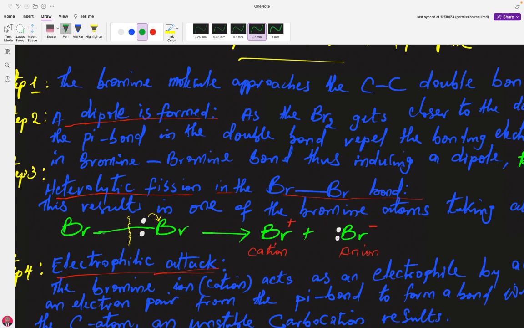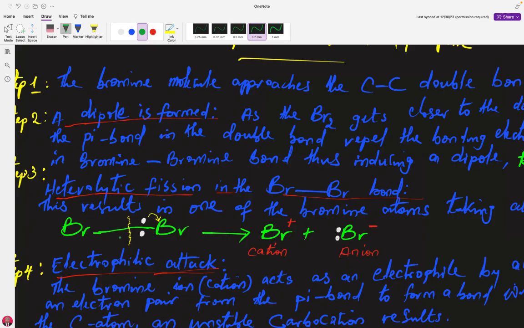Electrons are negatively charged, and the bond between the two bromine atoms also has electrons. Like charges repel, so the electrons in the double bond in propene will repel these bonding electrons towards one of the bromines.